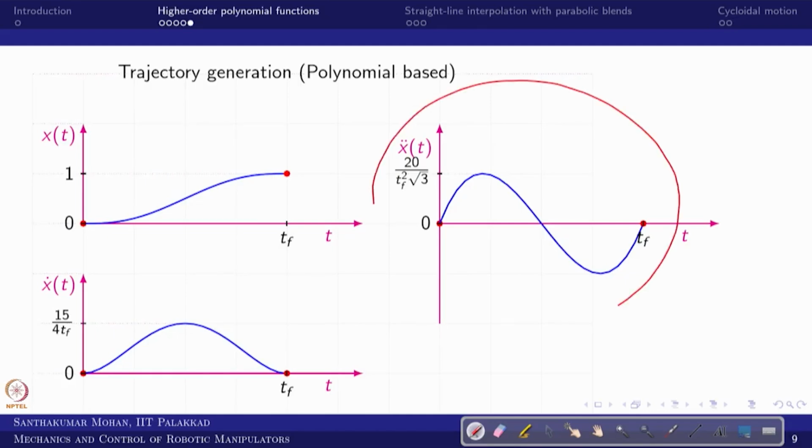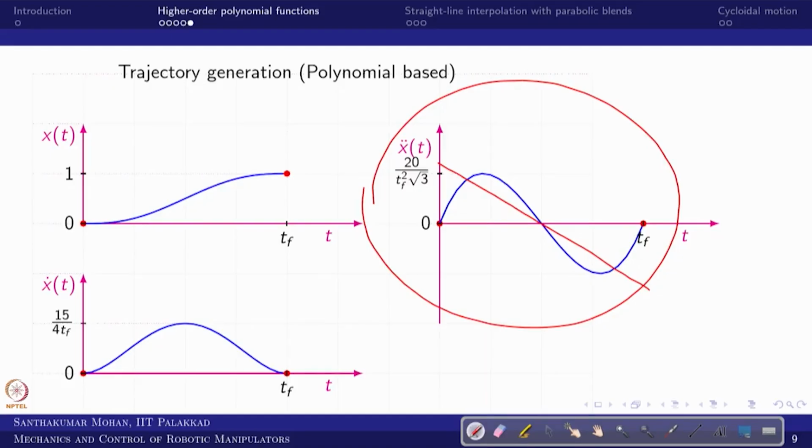So this is much smoother. There is no linear acceleration, as you would have seen in the cubic polynomial, which was a linear acceleration like this, right? But here it is sinusoidal, much smoother. This is the advantage of using a higher order polynomial.